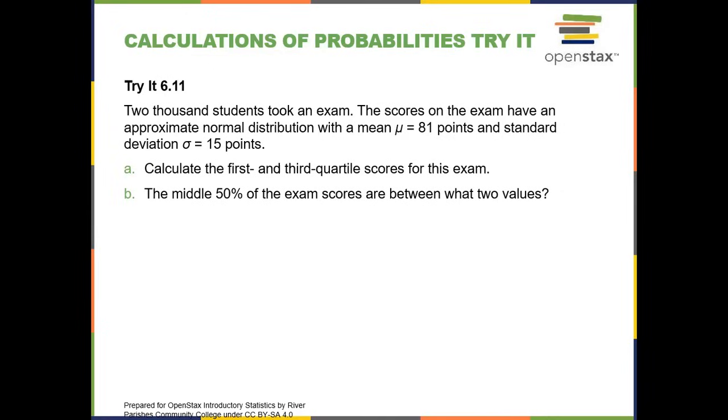If you go to the right, the center is 50% and the right tail is 25%, so below that particular unknown value is 50 plus 25, 75%. We already found that in part A2, 91.11. So what is the bottom line? The middle 50% of the scores will fall between 70.9 and 91.1.